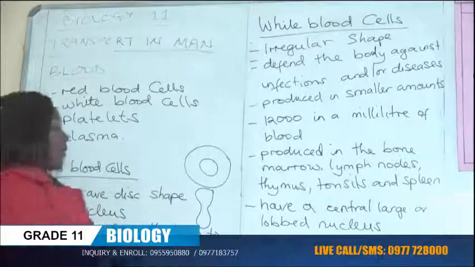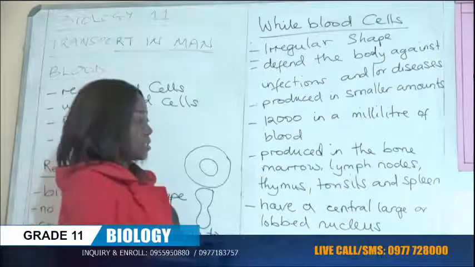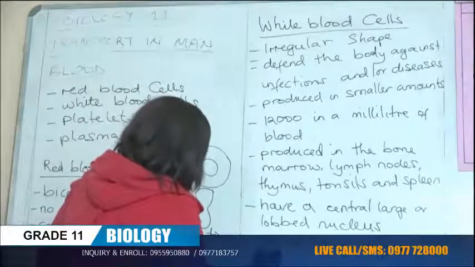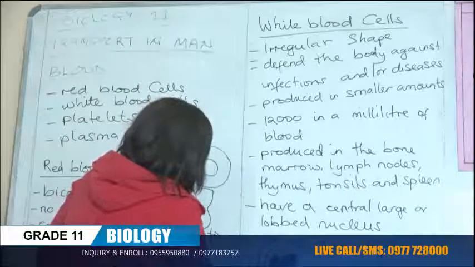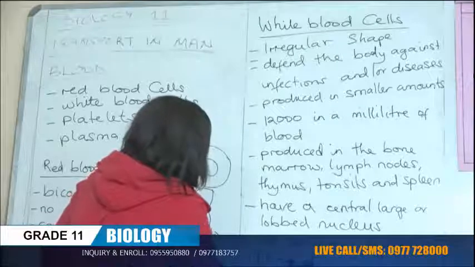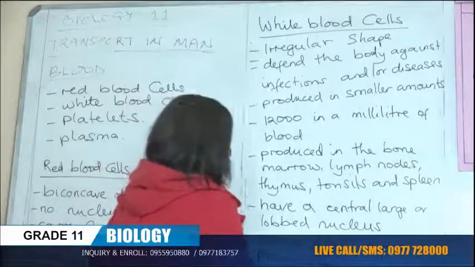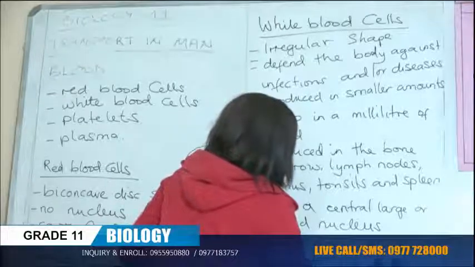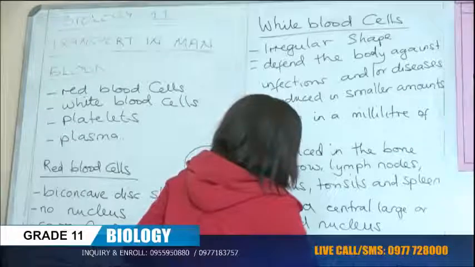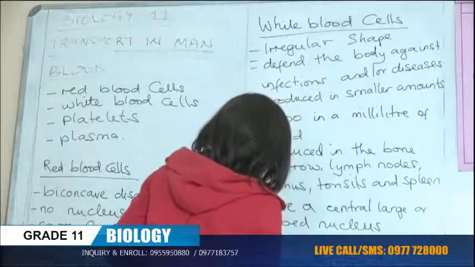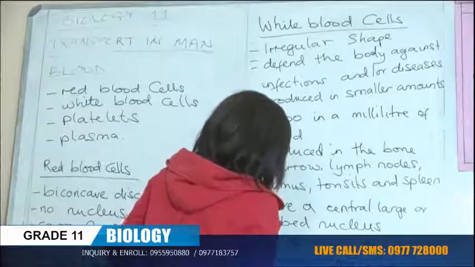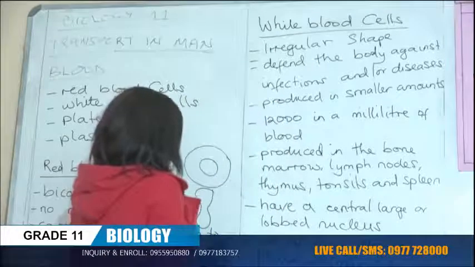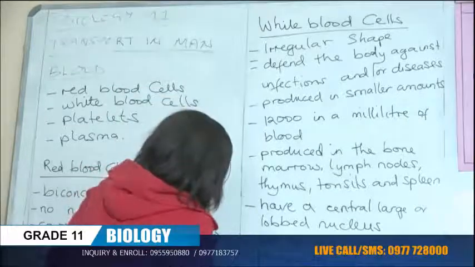Okay? Whereas there are many types of white blood cells, and we looked at the two main types, being the phagocytes, also known as macrophages, and the lymphocytes. These are the two main types. So if they are the main types, it means that there are other types of white blood cells that we have.